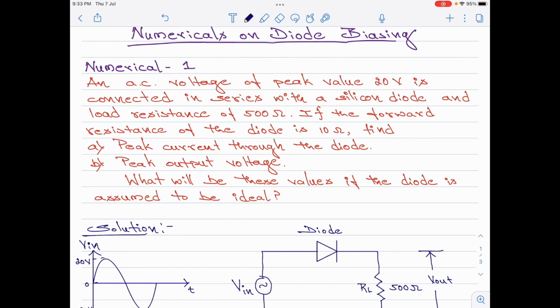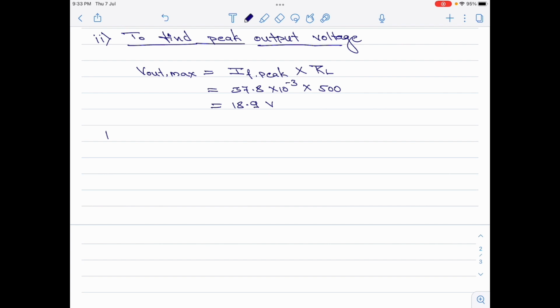Coming back to the numerical, let us look at the last sentence of the numerical. It says what will be these values, that is the value of the peak current through the diode and the peak output voltage if the diode is assumed to be ideal. So, I will state the condition as for ideal diode.